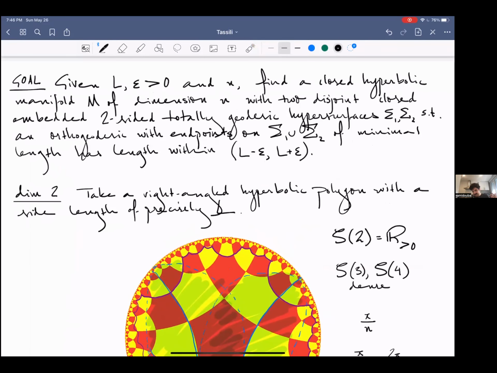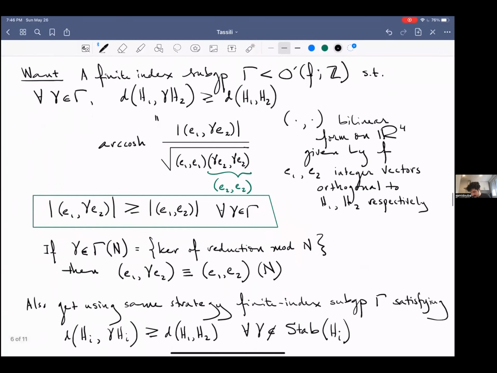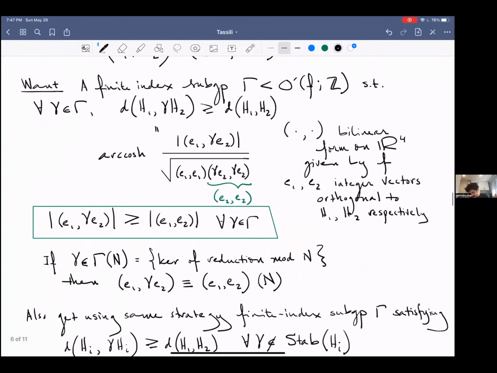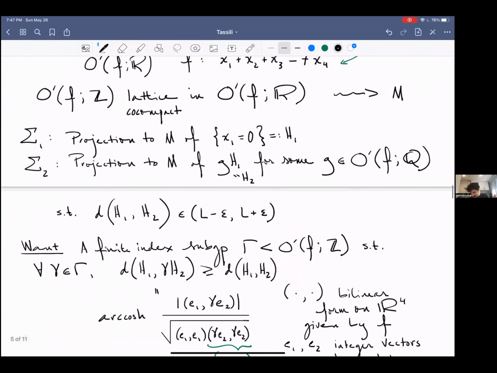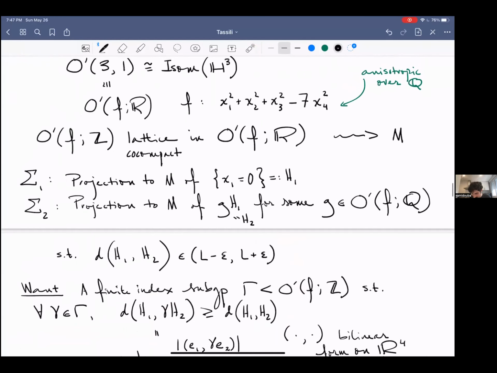So I said that there's a part of this strategy that doesn't work in every dimension, and that's the fact that we have an anisotropic form of signature (n,1). I should say a rational anisotropic quadratic form of signature (n,1) will cease to be true for n at least 4.